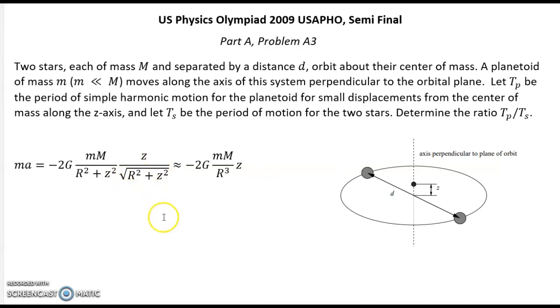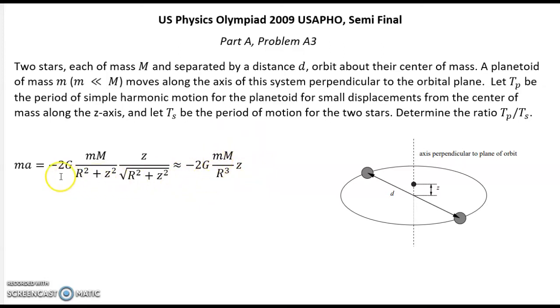But for our conditions, this oscillation is small. It means that z is much less than r, where r is the radius of rotation for these two stars. Finally, we have this good approximation.